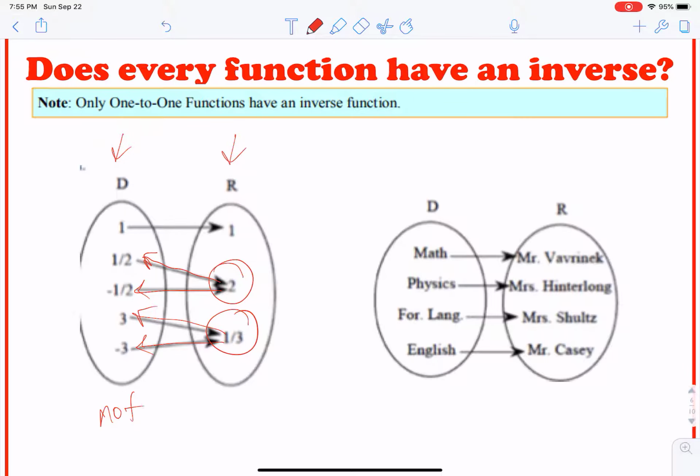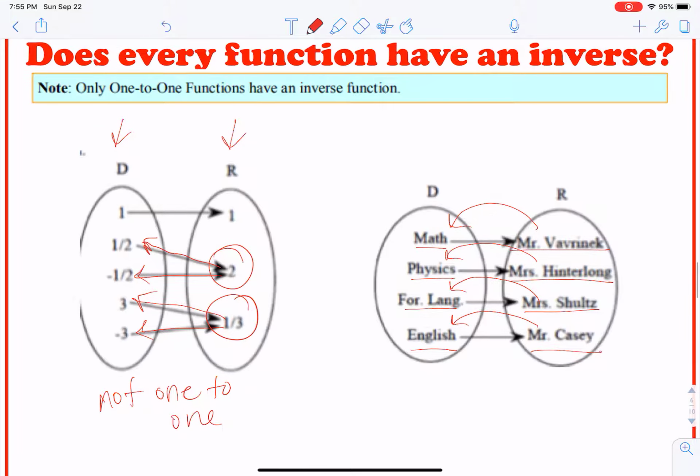So this is a function, but it's not a one-to-one function. This function over here, math and its output, physics and its output, foreign language and its output, English and its output, these also only map backwards to where they started from. They don't map anywhere else going backwards.